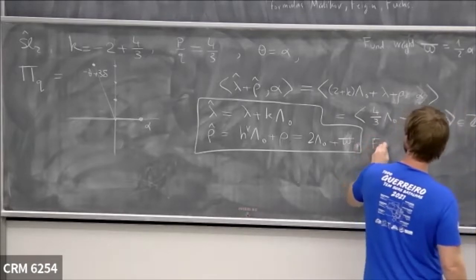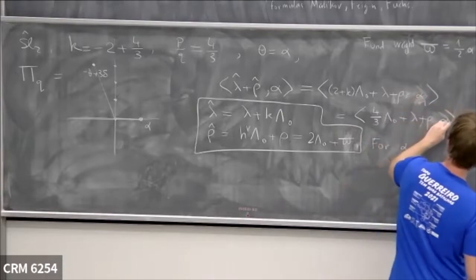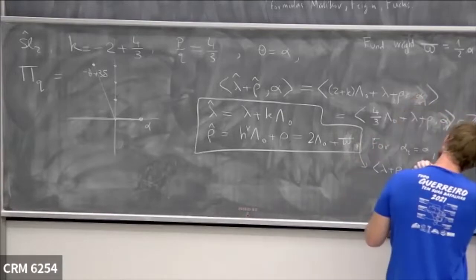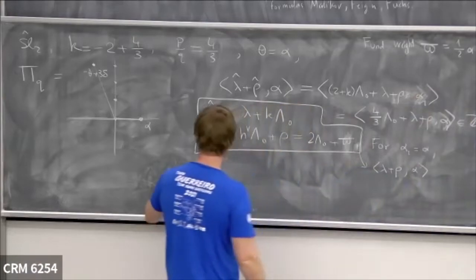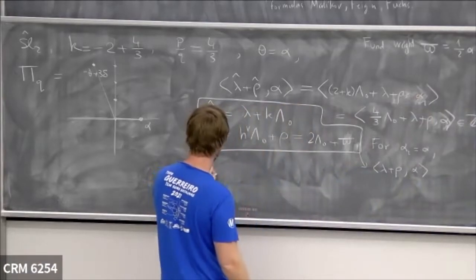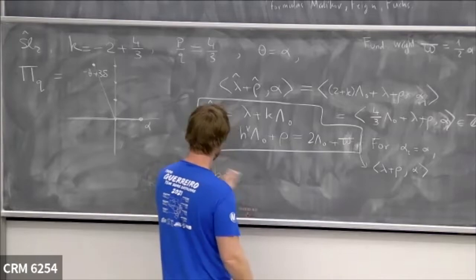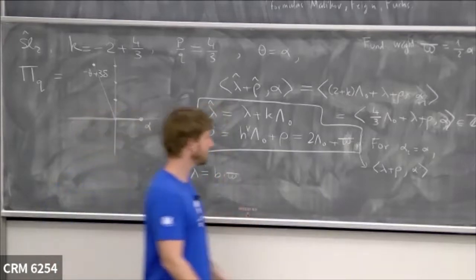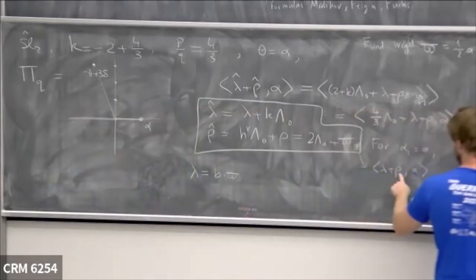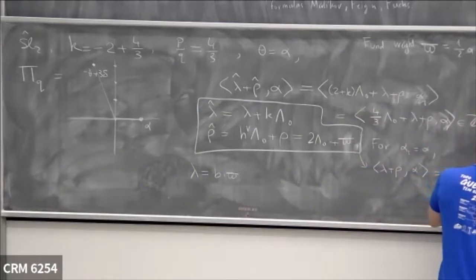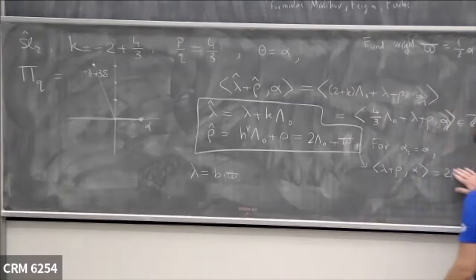So for alpha 1, this equals... So what should I do? I'll write lambda to be b times the fundamental weight, right? So now I've got 2b plus... No, sorry, b plus 1. Yeah. All right.